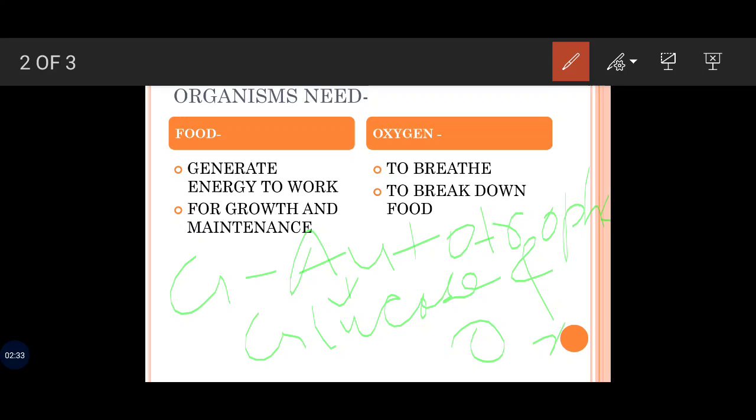So in this slide you may see that organisms need food to generate energy for growth and maintenance. Why do we need oxygen? We need oxygen to breathe, to stay alive and to break down the food. Organisms like us depend directly or indirectly upon plants.